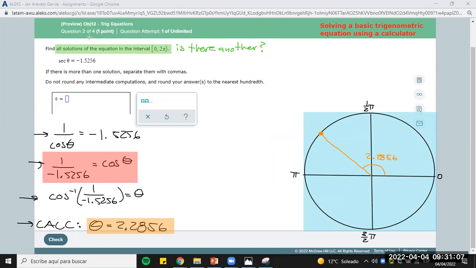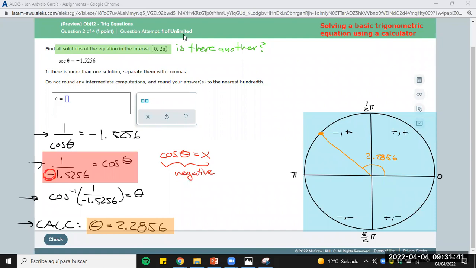equals a negative number. Remember that in the unit circle, cosine is just the x part of the coordinate, and this is supposed to be negative because we have a negative number. Now you know how the signs of the coordinates are in each quadrant of the Cartesian plane.